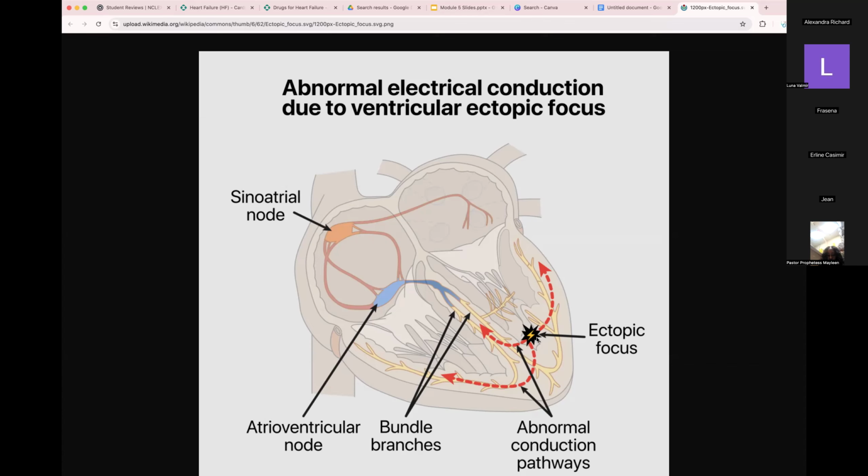Okay, so ectopic means it's in the wrong place, right? Just like ectopic pregnancy, the egg was fertilized in the wrong place and it's dangerous. Ectopic means it's in the wrong area.